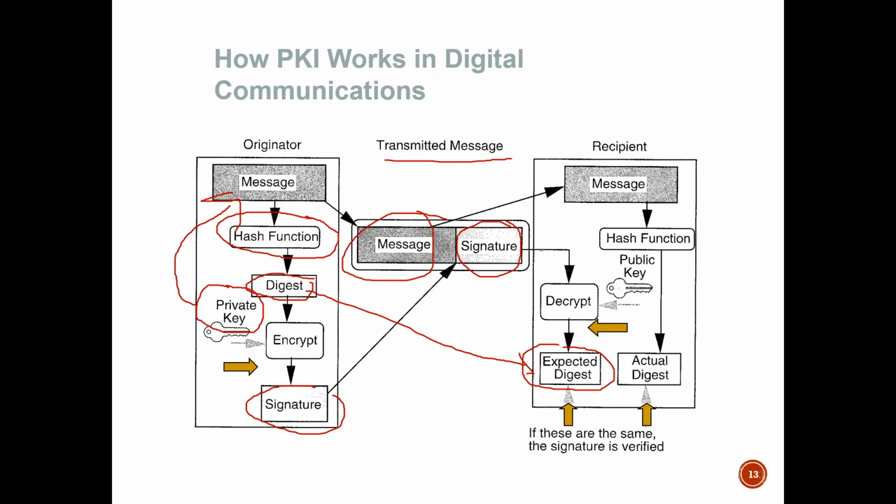The message will also be applied with the same hash function as at the sender, and it will produce its actual digest. Now, if we compare these two together and they come out the same, then we can validate that this is a valid message that has not been altered.